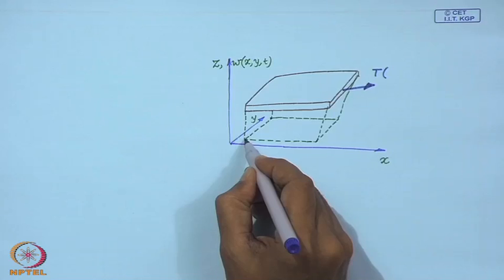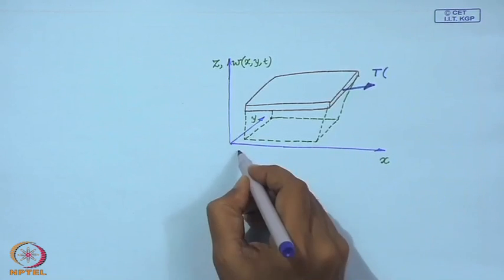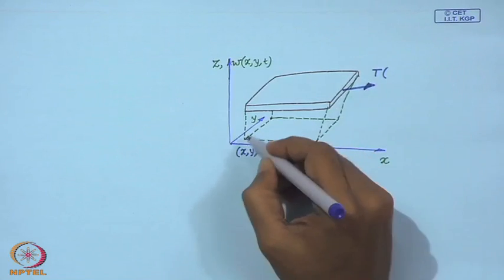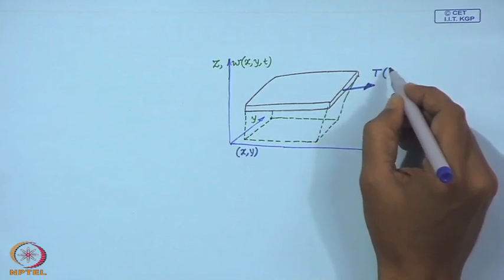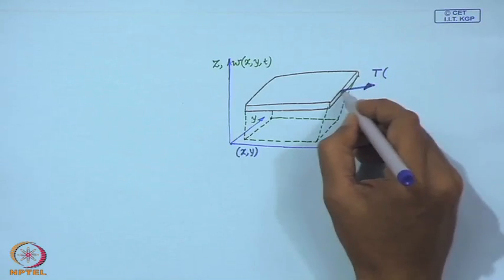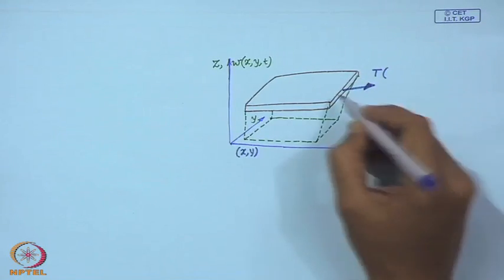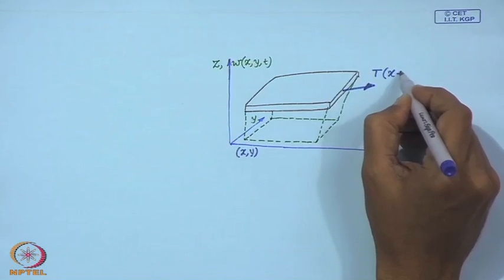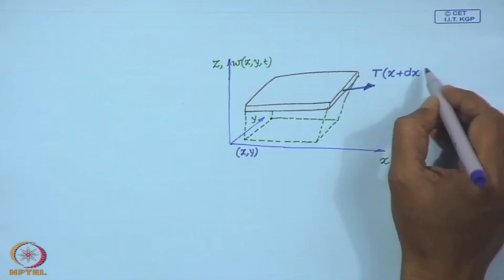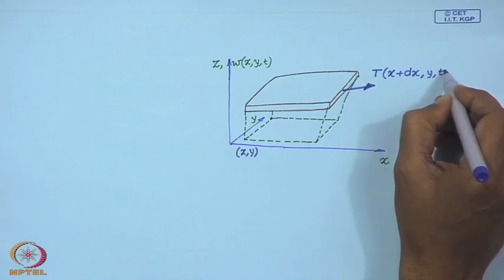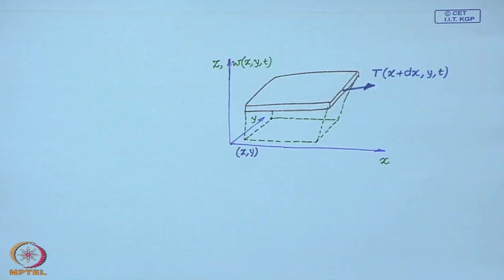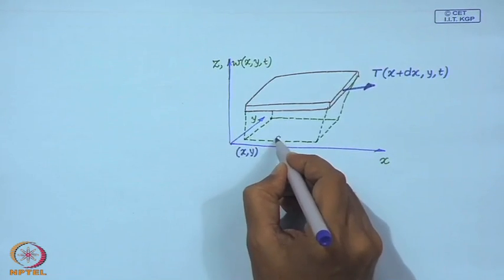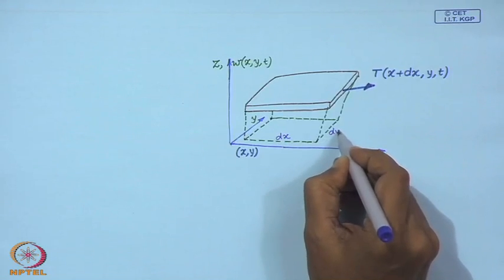So, if this point is x y, I will denote the force on this edge as T. Here this is dx and this is dy.